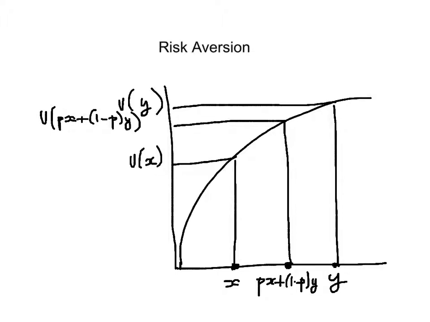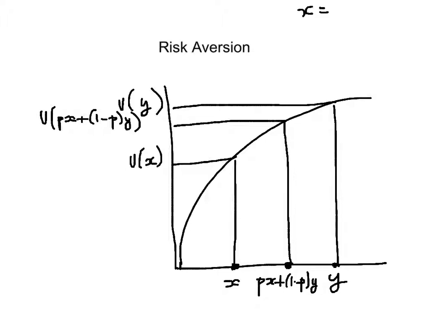Now we may ask the following question: what is the expected utility of taking on that gamble? So instead of getting the expected value for sure, let's just jot down some numbers.